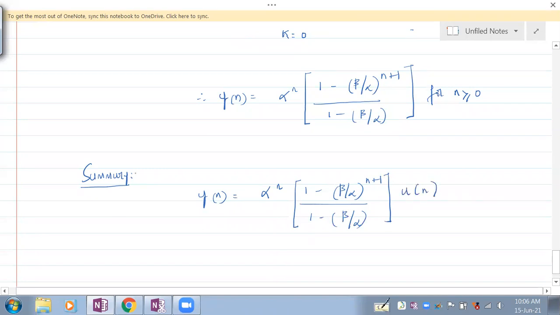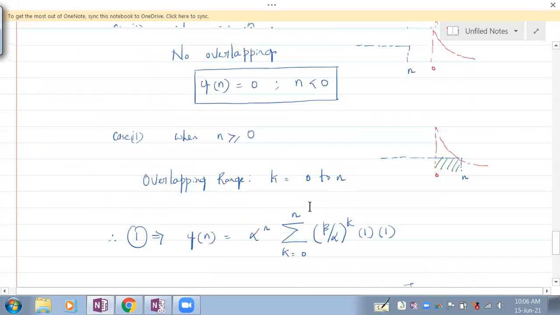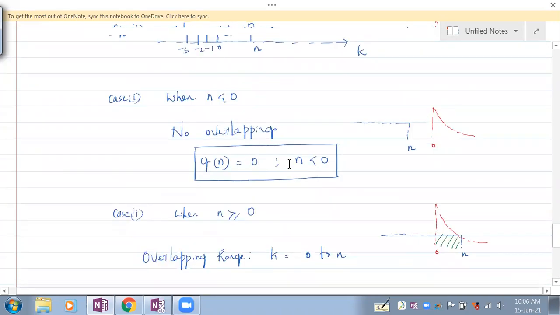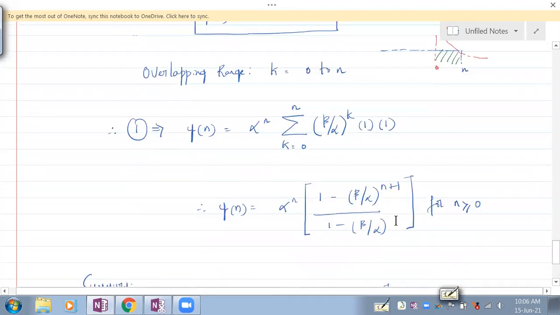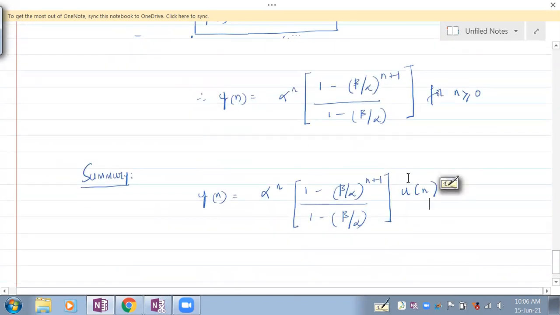This is how we can summarize. The u of n means that y of n is 0 for n less than 0, and it is this expression for n greater than or equal to 0, and that is told by u of n. So this is the summary.